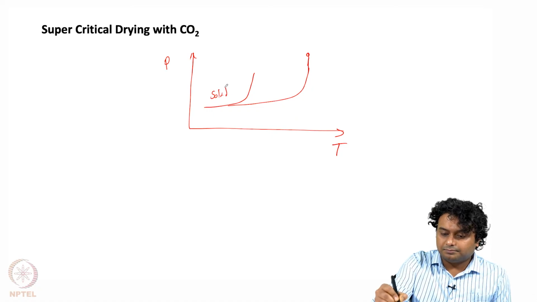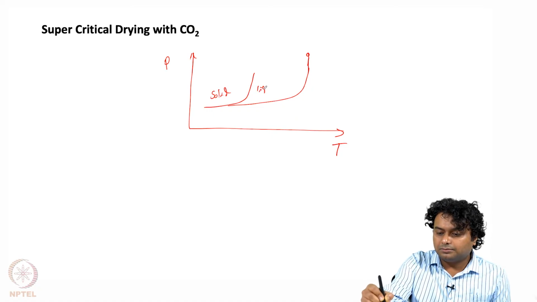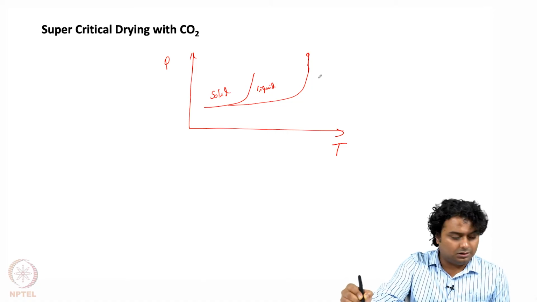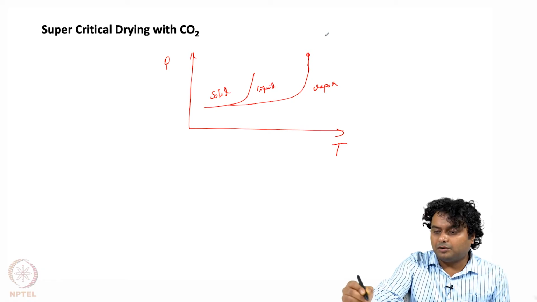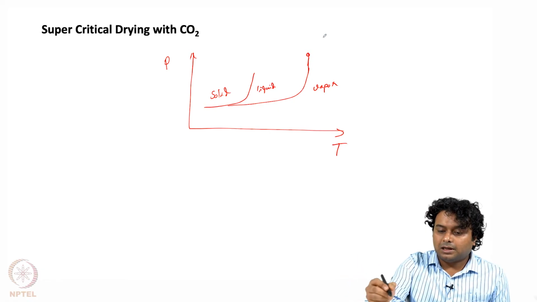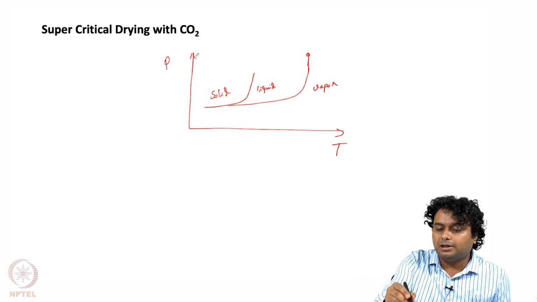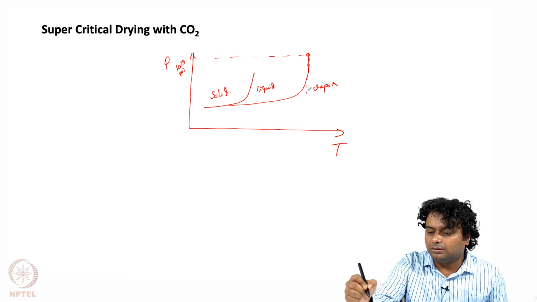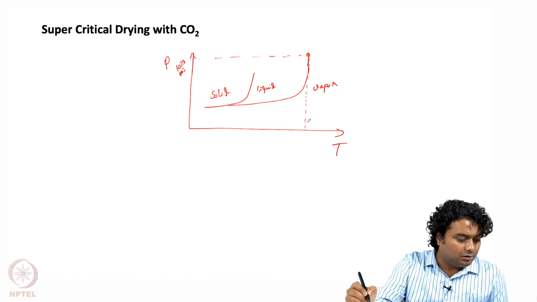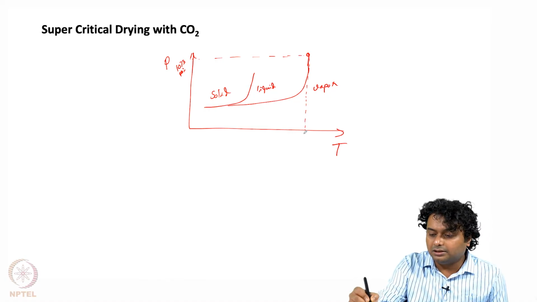This is solid, this is liquid, this is vapor, and above the critical point it is gas. For CO2 this critical point is somewhere at 1073 psi and 31.1 degree centigrade.